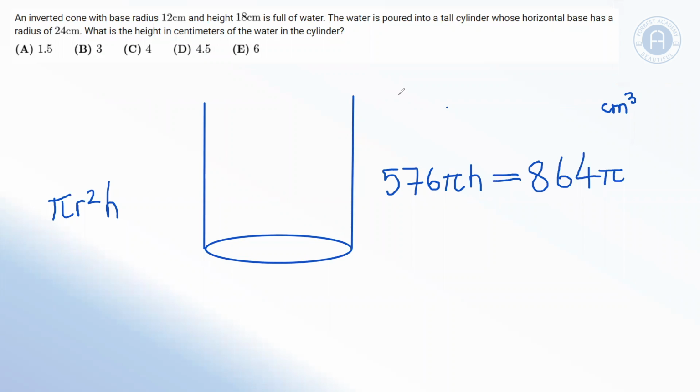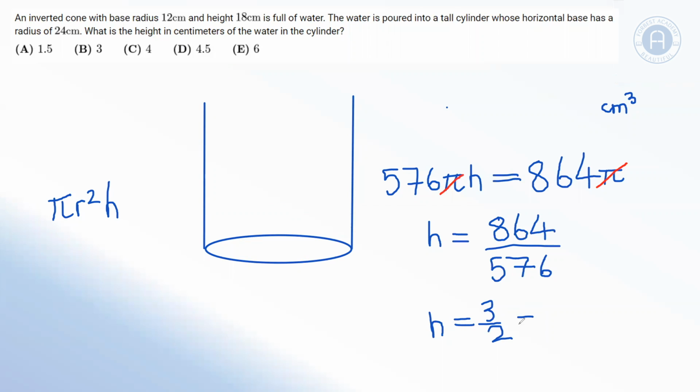If we divide through by pi, we can cancel off those 2 pi's there. And then divide through by 576, and we're going to get 864 over 576. And either stick that into our calculator or simplify. Either way, we're getting a height of 1.5 centimeters.